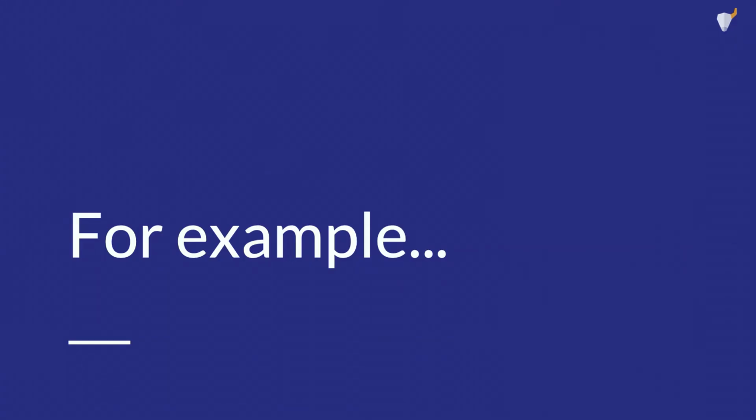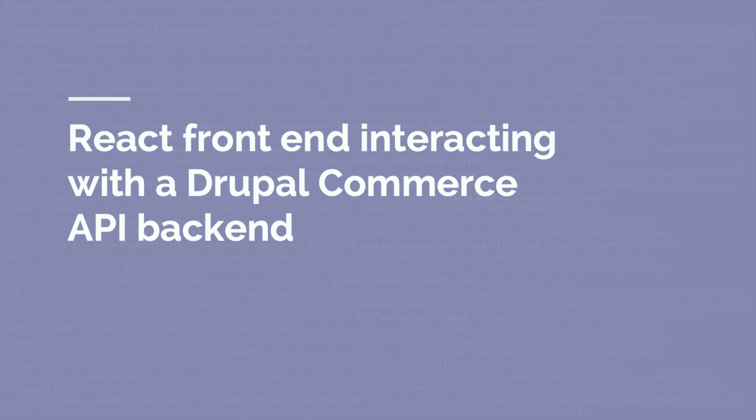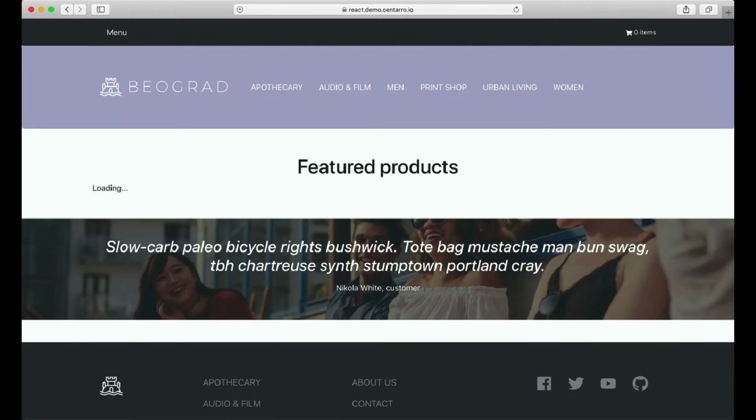So let's look at some quick examples of what a headless commerce implementation is. The basic one is, everybody here has heard of React.js, correct? Whether you like it or not, because I know there's Vue and there's the framework wars. Here's an example of using a React frontend that interfaces with a Drupal Commerce 2 backend.